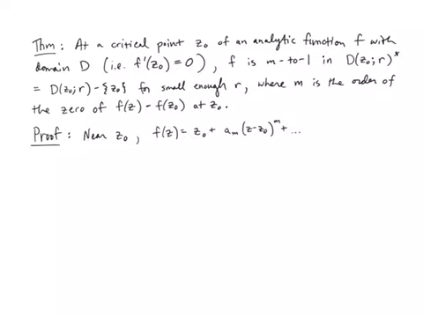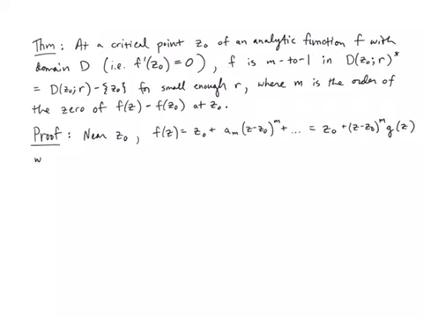So this equals z naught plus z minus z naught to the m times, after I factor that out, a power series, and that's going to define an analytic function g of z.